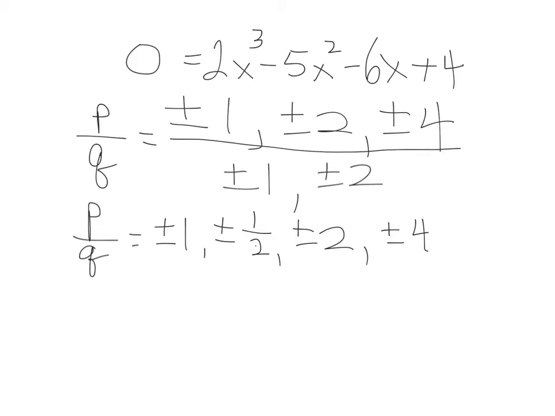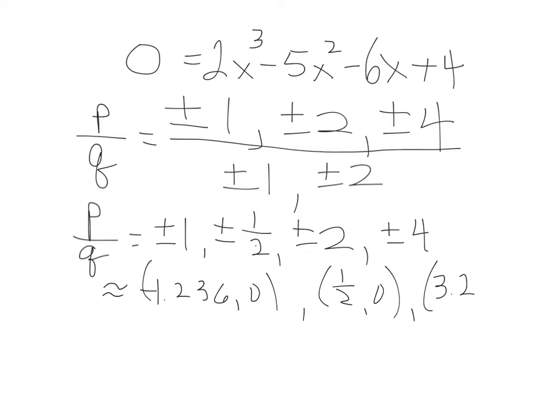So then I plug the function into my Desmos calculator, and I look at the graph, and I have the 3 zeros of negative 1.236, 0, that one. I also have 1/2, 0, and then lastly I have 3.236, 0.